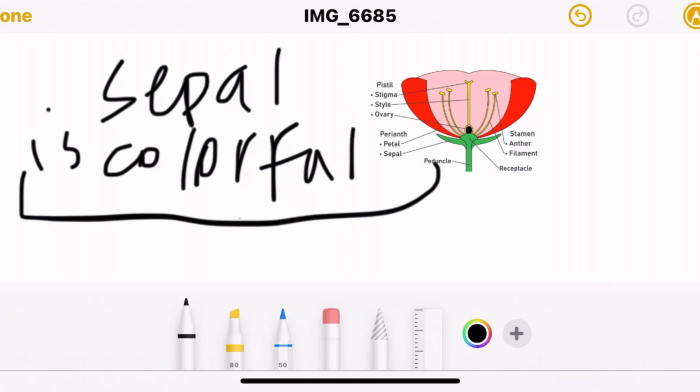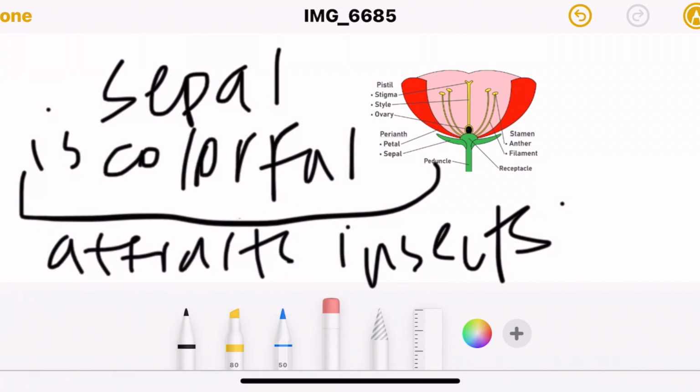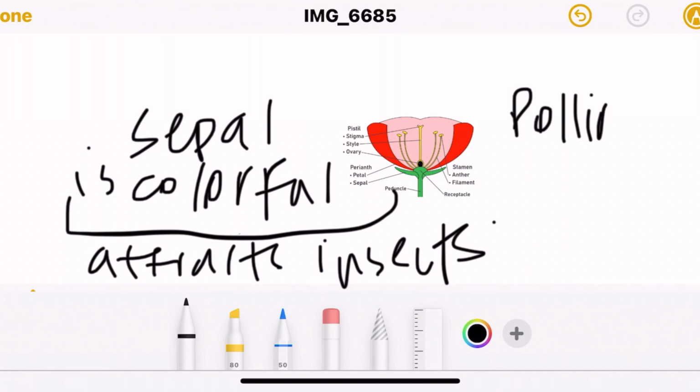It attracts the insects. And attracting insects is very important to a plant, very important to a flower, very important in reproduction because it helps in pollination.